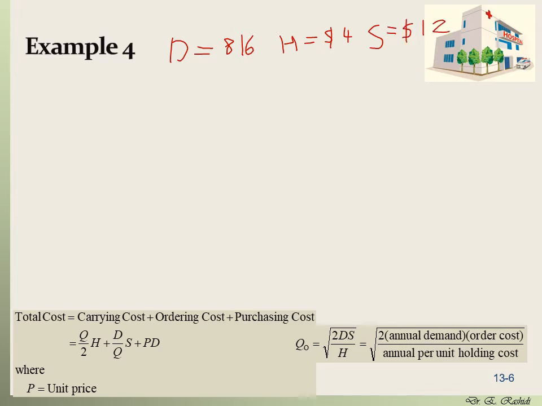This is a discount model. That means that based on their order amount, they're going to get different prices. So the problem says that if they order less than 50, which is less than or equal to 49, the price that they're going to get is $20.